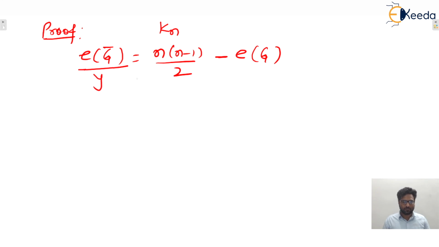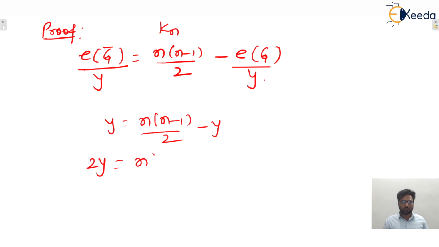So if G has Y edges, G complement also has Y. So Y equals n into n minus 1 divided by 2 minus Y. Here 2Y equals n into n minus 1 divided by 2, so Y will be n into n minus 1 divided by 4.